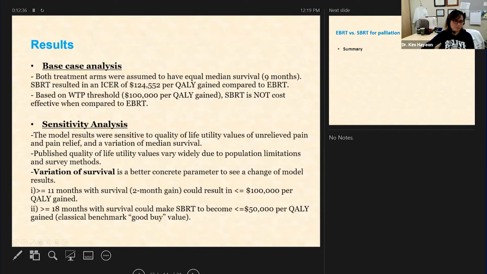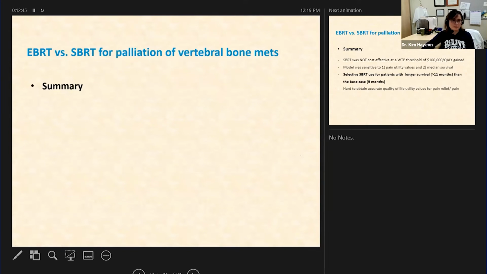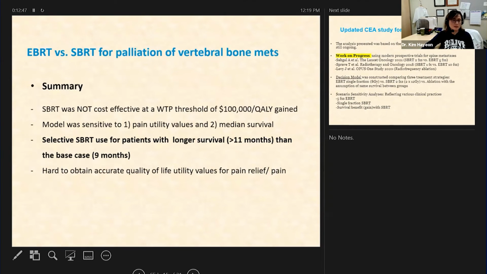If it's 18 months or more, it was way below the cost-effectiveness analysis threshold value. So at that time, our result was that SBRT was not cost effective.